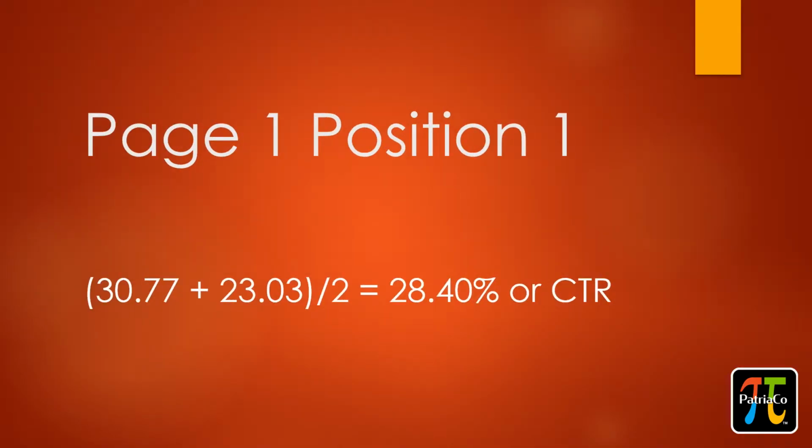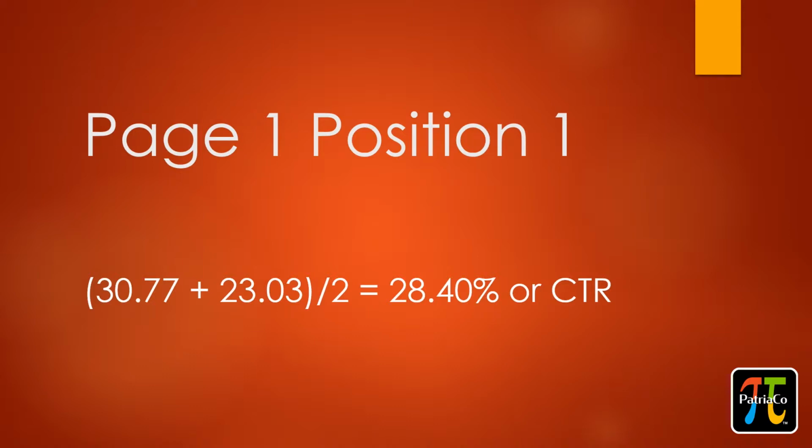Okay, we saw that our click-through ratio for page 1, position 1 for desktop was 30.77, and for mobile was 23.03. If we add those together, divide by 2, good old-fashioned average, we know that 28.4% of every search is going to click on the page 1, position 1 rank listing.